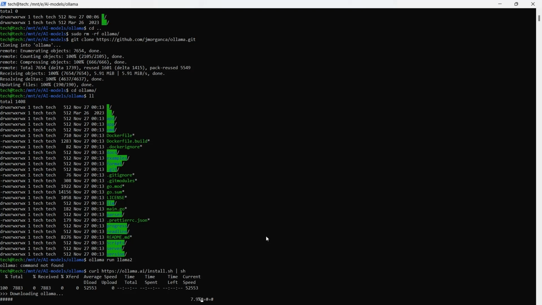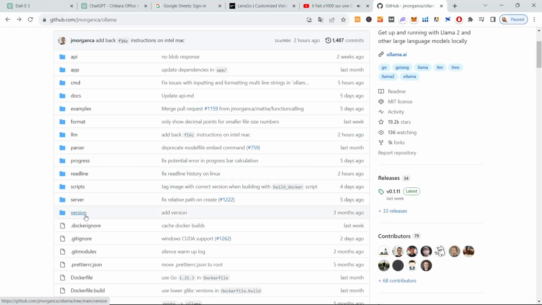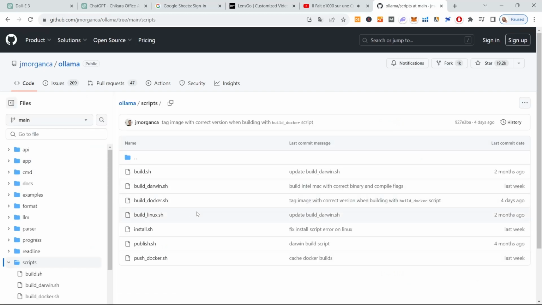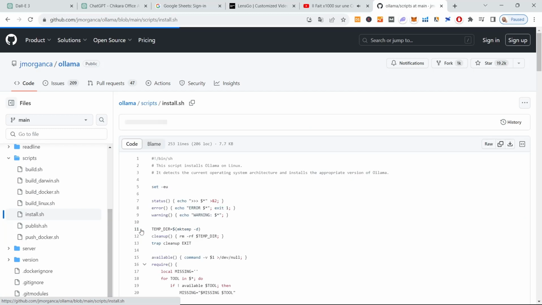So let's install it first. You can find this script in the script folder, and this is the one, install.sh. You can just navigate to it and install it directly after having cloned the repository.